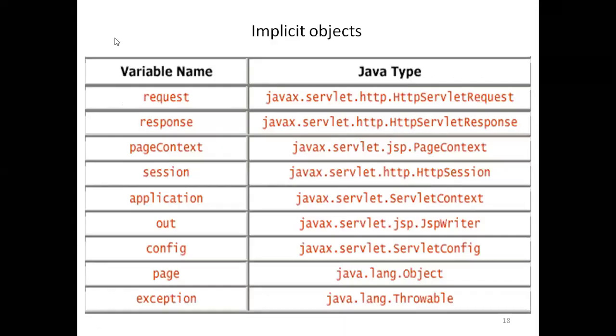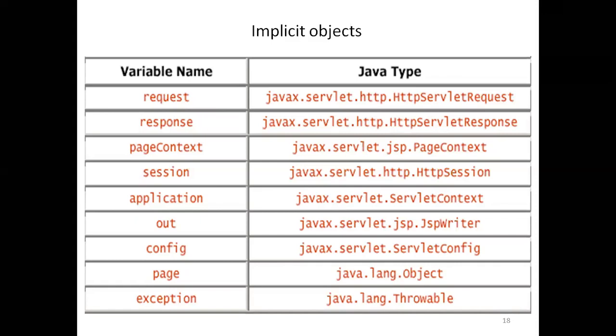For example, if you remember, in the servlets, we studied javax.servlet.http.HttpServletRequest. The corresponding variable name here will be only request. I repeat, in your servlet code, you would have used HttpServletRequest inside the service method. Here, the corresponding implicit object is called request. You don't have to write the full name. The container will understand.